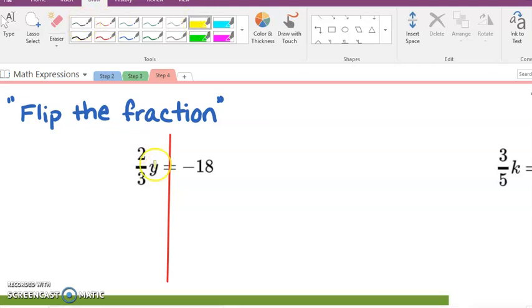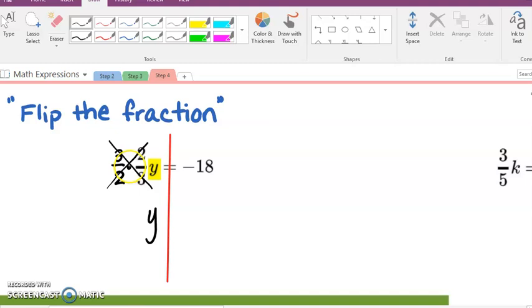On the left, let me highlight my variable so you can see the letter, the variable y we're trying to get by itself. It's not by itself though because of this 2/3. So what I'm going to do is flip the fraction and multiply. Do you see how the 2's will cancel out and the 3's will cancel out? And that's our goal. We want to cancel these so that we're left with just y.